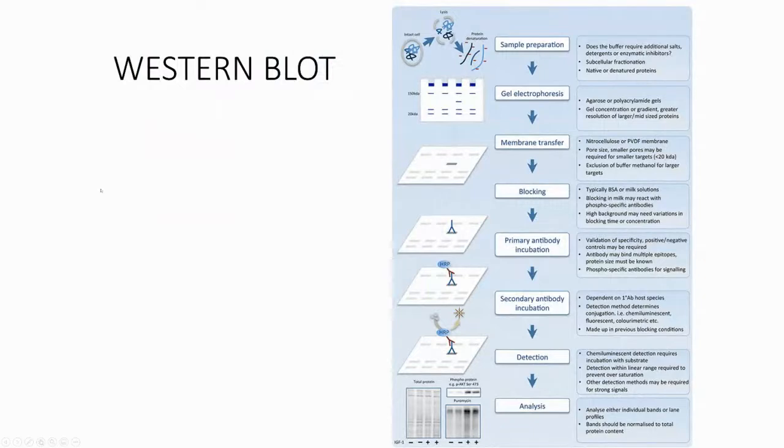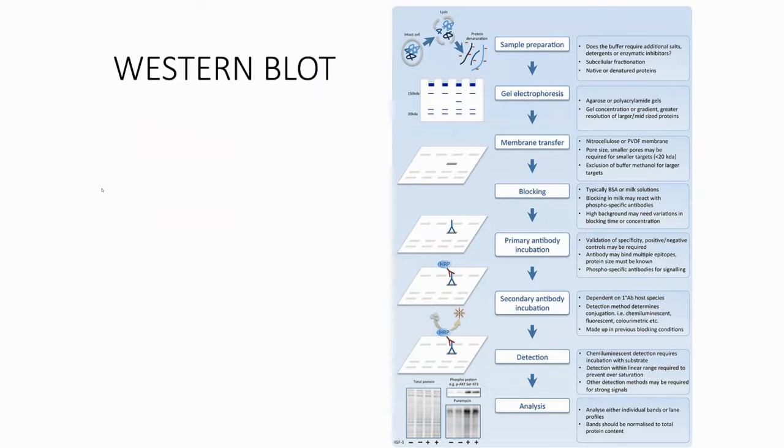So till now, that's the DNA and RNA analysis, nucleic acid analysis. And then for the protein, the most commonly used technique is called a Western blot. With the Western blot, you can separate the protein from a complex mixture through electrophoresis.